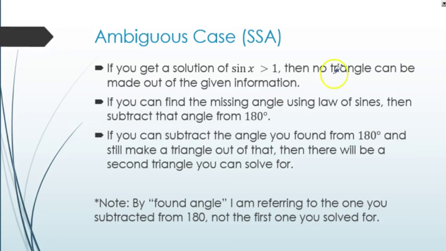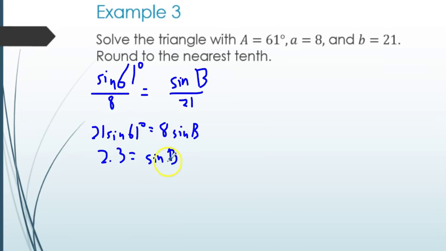So that's what I'm referring to in this first case. I have sine of an angle set to something bigger than 1, so no triangle can be made out of this information. This one's impossible, so there is no triangle. This is the easiest possible case. This one will require the least work because you get to stop before you even have to go through finding all of the other values.